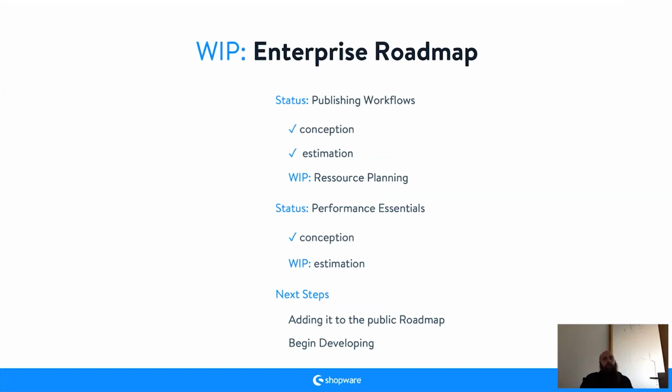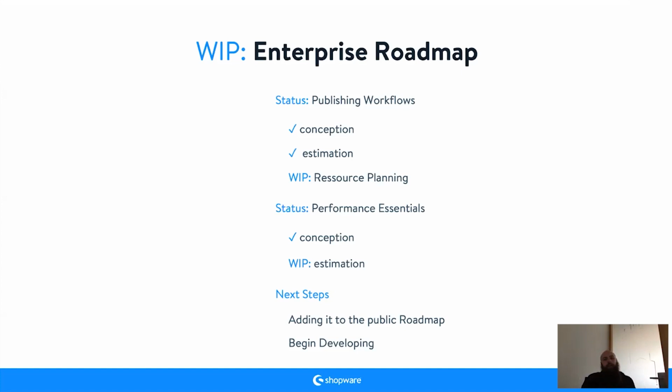So in terms of publishing workflows, the conception is done and the estimation is done, and we're currently working on the resource planning and discussing how we will split this feature into multiple releases, for example. And in terms of performance essentials, the conception is also done, and we are working on an estimation as soon as possible.